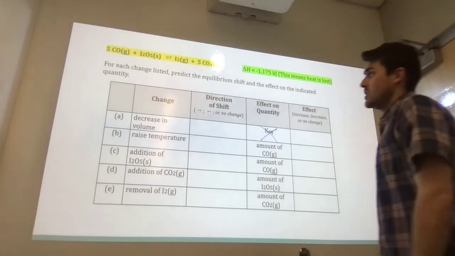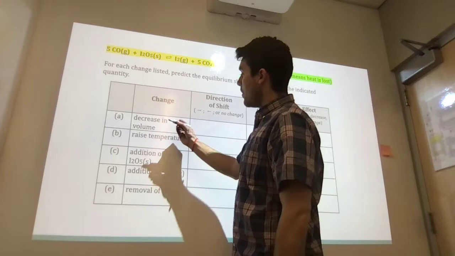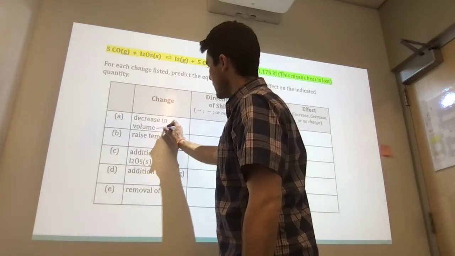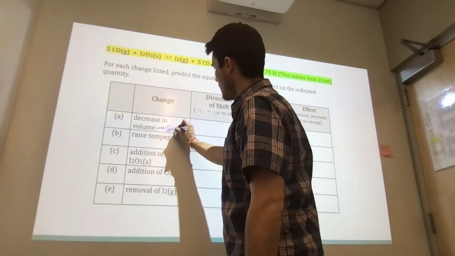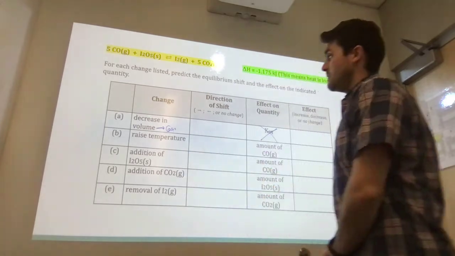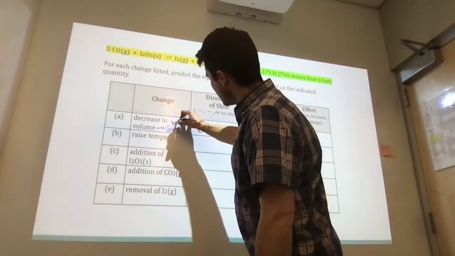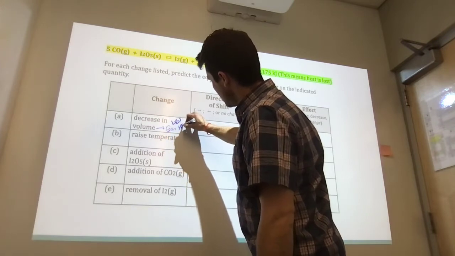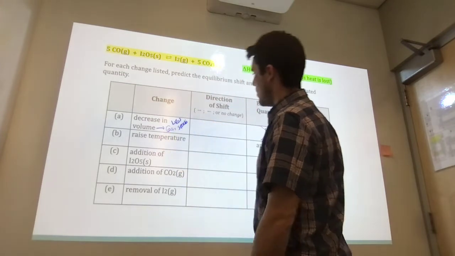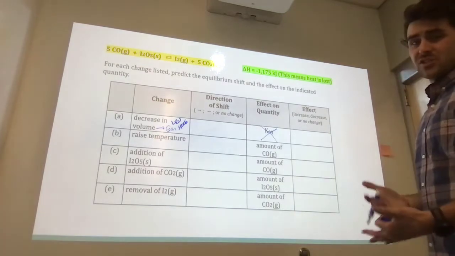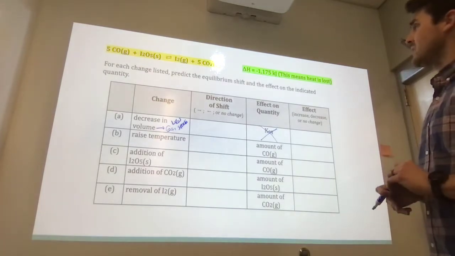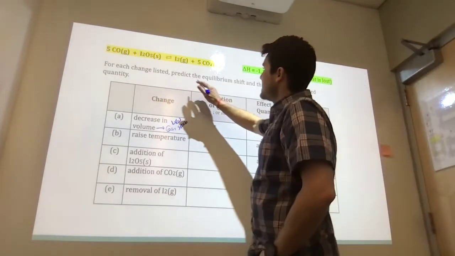Now, the first change is a decrease in volume. Well, volume is going to be an indicator of gas. I'm going to decrease this volume. I'm going to make less space. If there's less space, this reaction is going to shift towards the side that takes up less space. So if I look up here, which of these takes up less space?